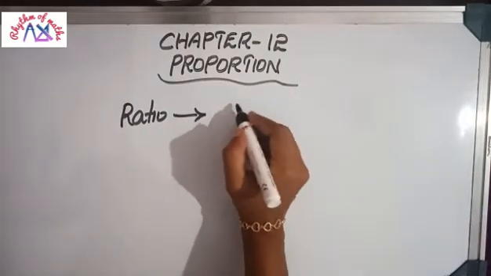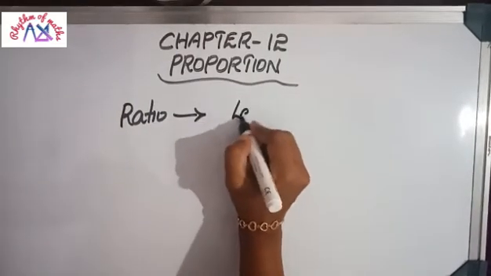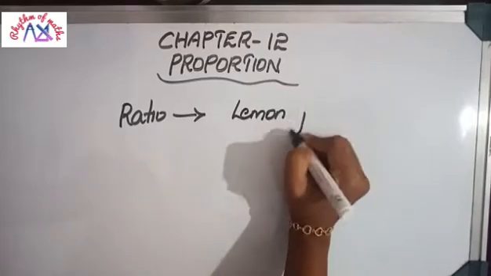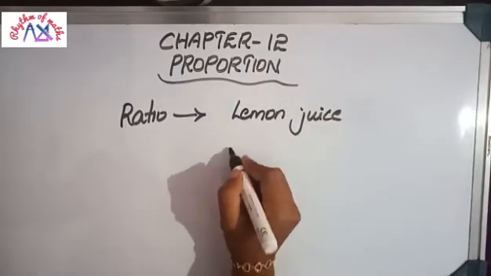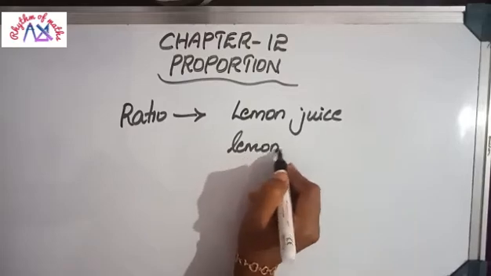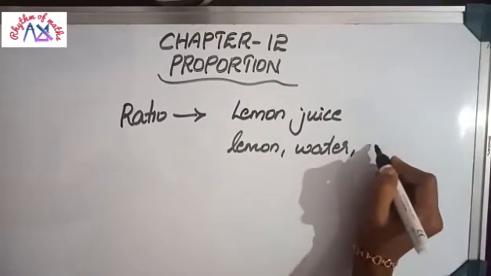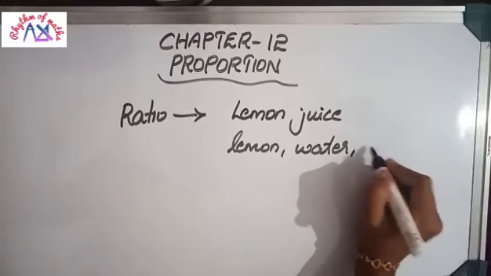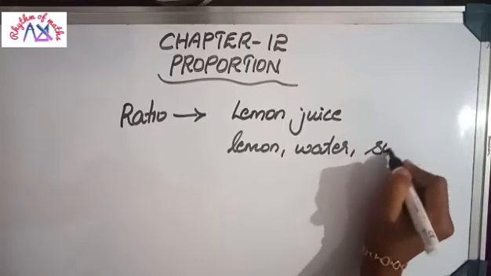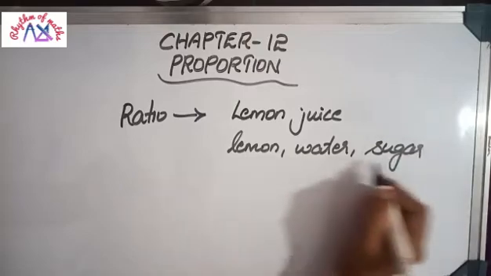For example, to make a lemon juice, the lemon, then water, then sugar, everything must be in a fixed quantity. These three must be in a fixed quantity.